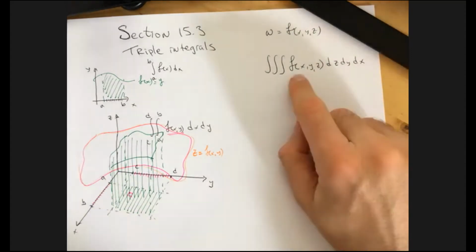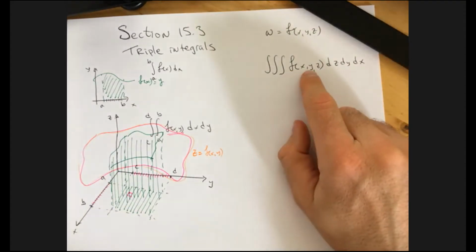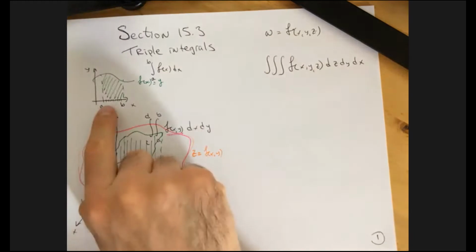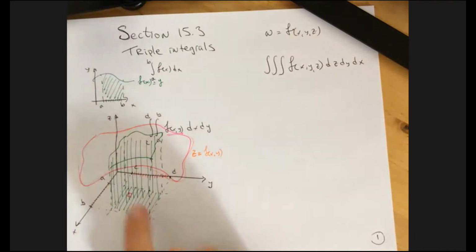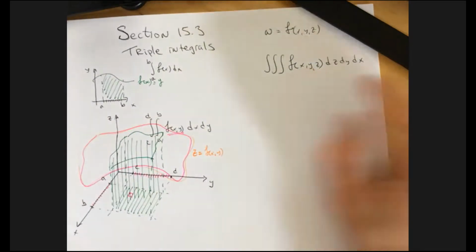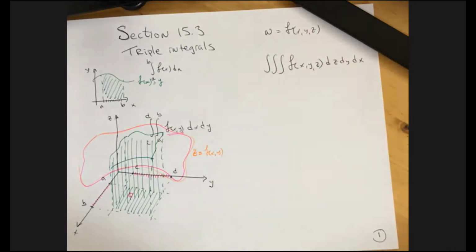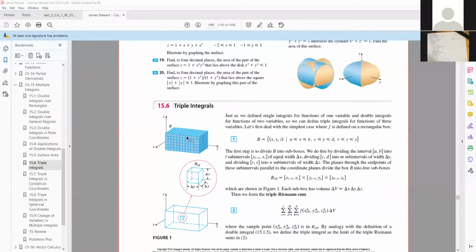Obviously I'm not going to subdivide an interval, and I'm not going to subdivide a region. I'm going to subdivide a three-dimensional region. I'm sorry for this, but it is easier for me to just show you the picture in the book, right? It's right here.